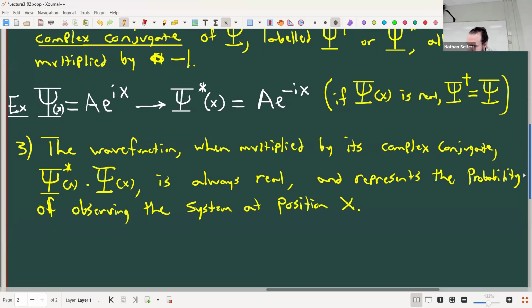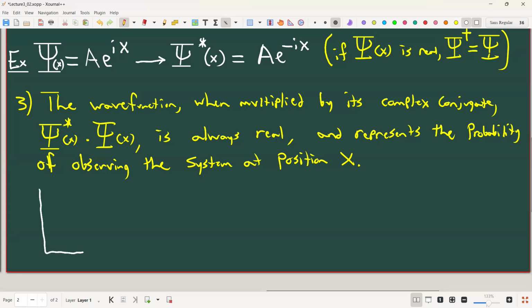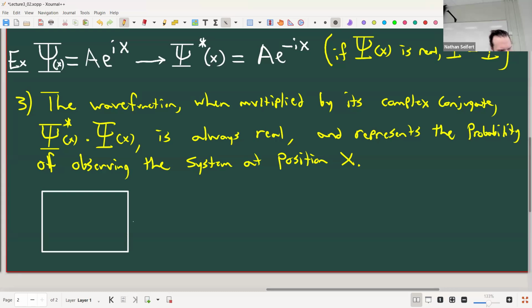Okay, so what that means is, for instance, imagine I have in my room, here's my little box. I'm going to make it a cube, or just a 3D rectangle to be helpful.